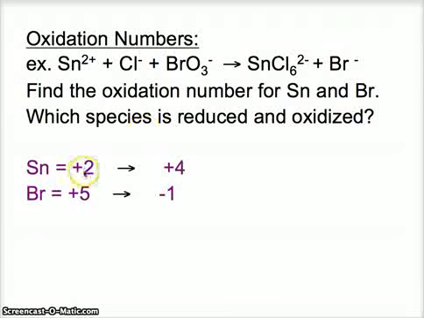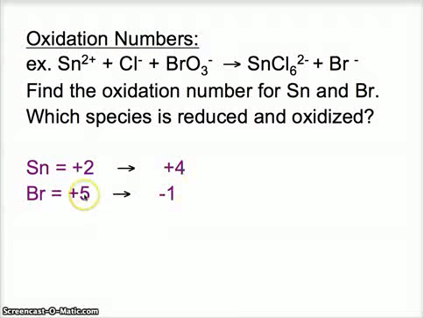Very briefly, tin started out with an oxidation number of +2 and it went to +4. Bromine started with +5, went to -1. In order to go from +2 to +4, we had to lose electrons.